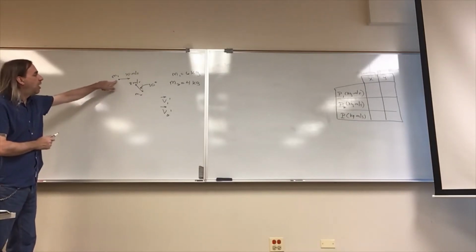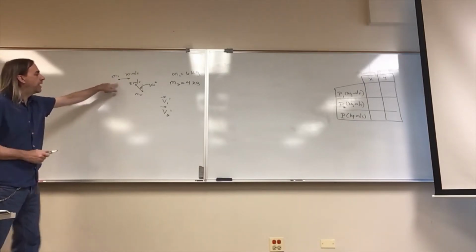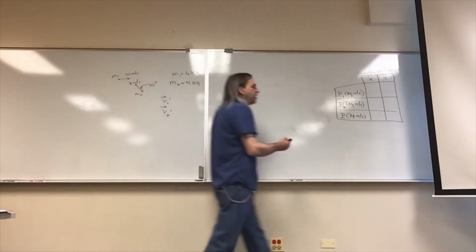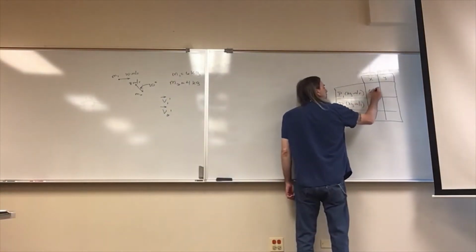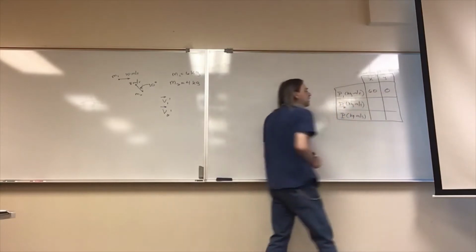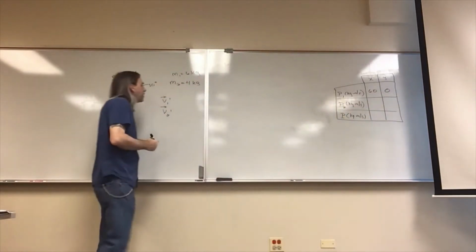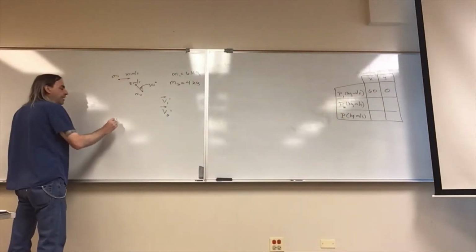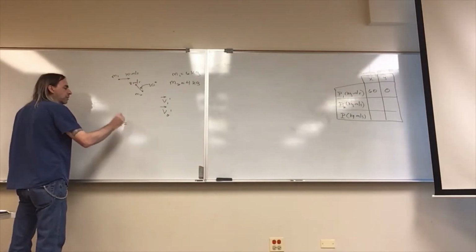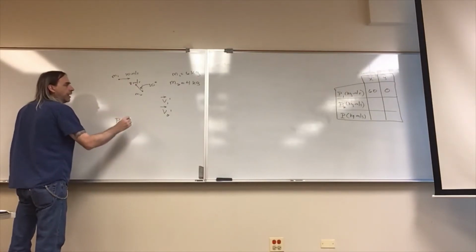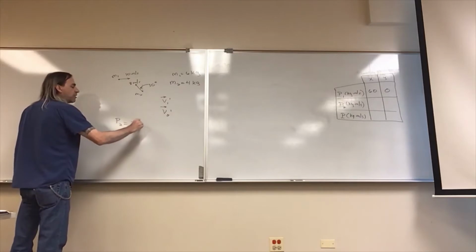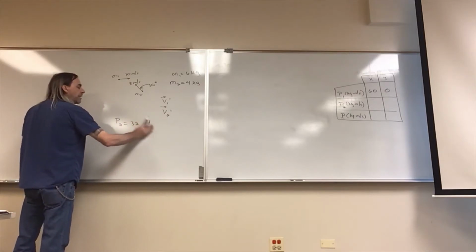So we could fill that out. For mass 1, it's 6 kilograms moving at 10 meters per second. And this one is purely in the x direction. So all the momentum is in the x direction. Now P2 in magnitude is 8 times 4, which is 32 kilogram meters per second.